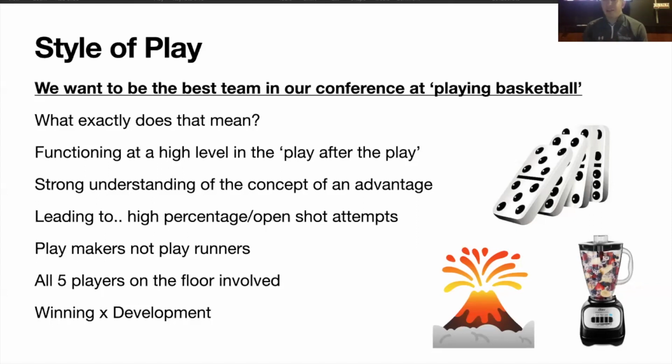All 5 players on the floor are involved in all elements of this. So through our practice, everyone, whether it's our 6'3" kid or our 5'5" kid, is doing basically the same thing for the most part, with some different elements.